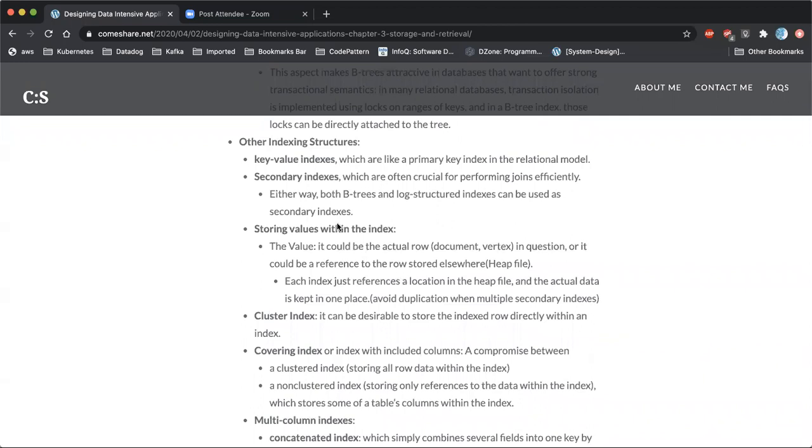One is the straightforward key value indexes, where you have a single key in the index. And the other one is secondary indexes, where, apart from the primary index, you can also create a secondary index using values other than the primary key.